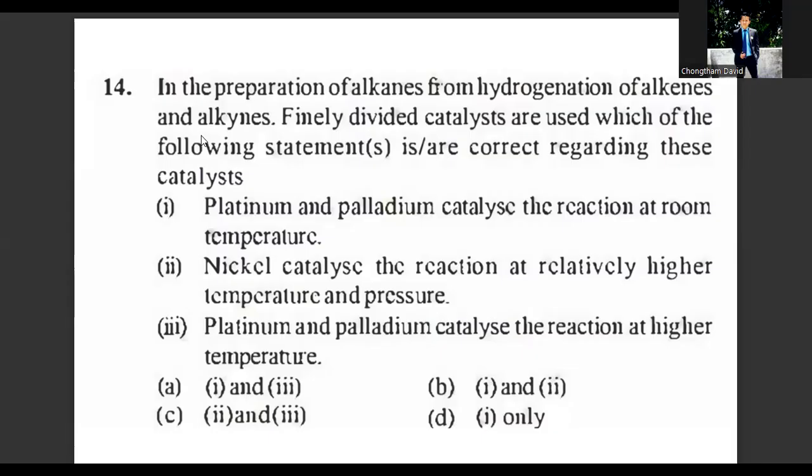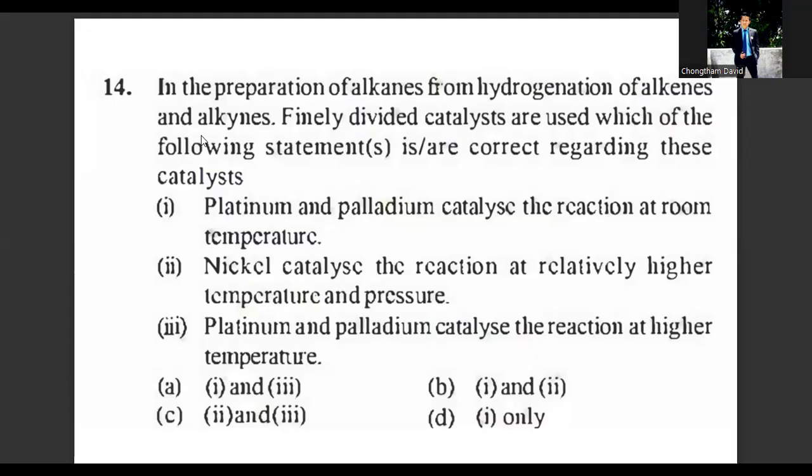So these two will be the correct answer, because when dihydrogen gas adds to alkenes and alkynes in the presence of finely divided catalysts such as platinum, palladium, or nickel, it forms alkanes. Hydrogenation of alkynes gives alkene and then back to alkanes. Okay, so 1 and 2 will be correct.